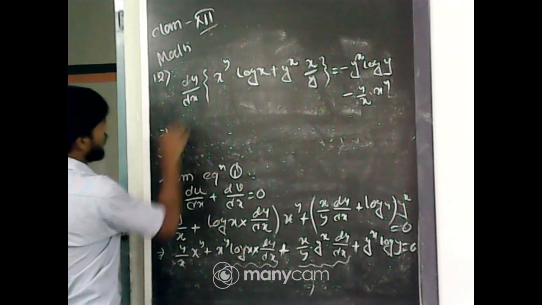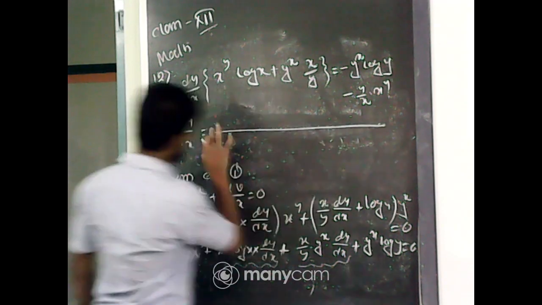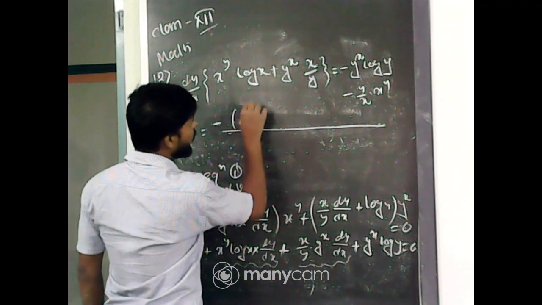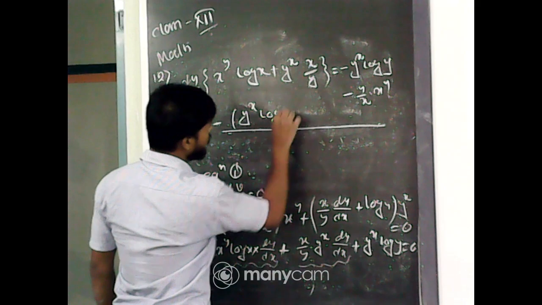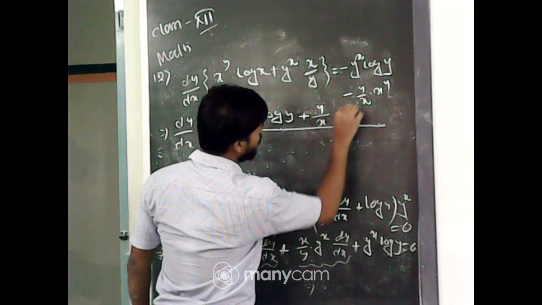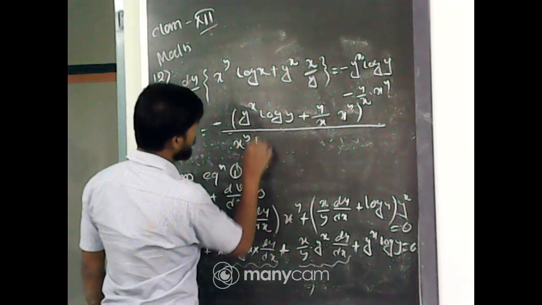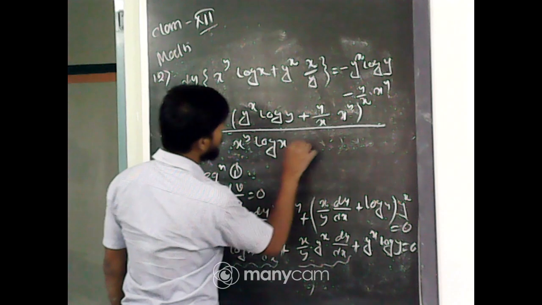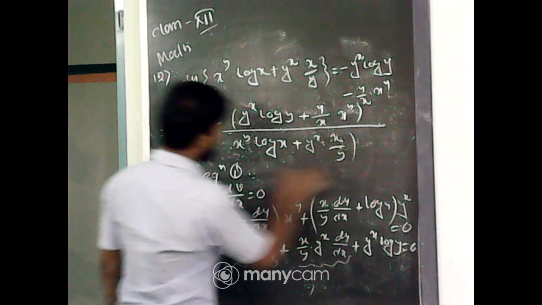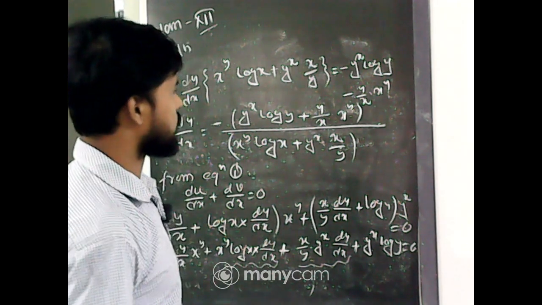Now from here find dy/dx, which is equal to, taking minus common from this side, y to the power x log y plus y by x into x to the power y, divided by x to the power y log x plus y to the power x into x by y. So this is the answer, a huge expression, isn't it?